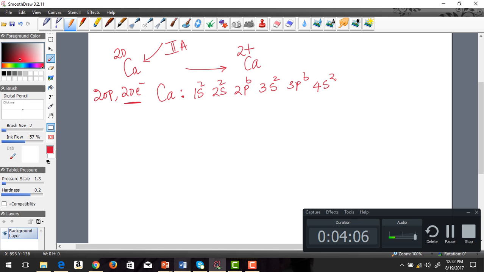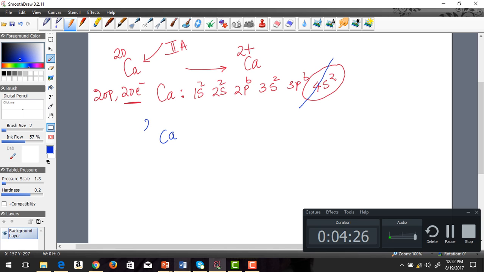If you also noticed, 4s is by itself, so that is the valence orbital, and it makes sense that it's 2A. That means you can only lose 2+.